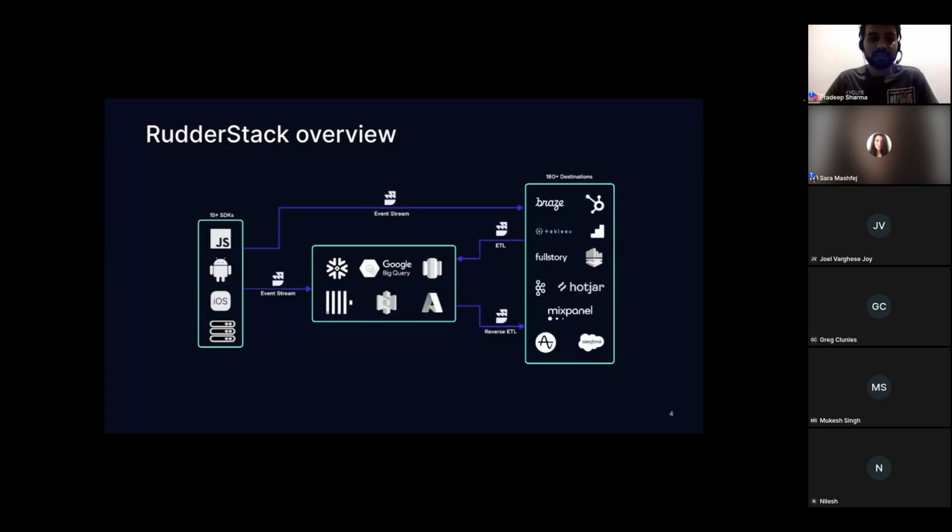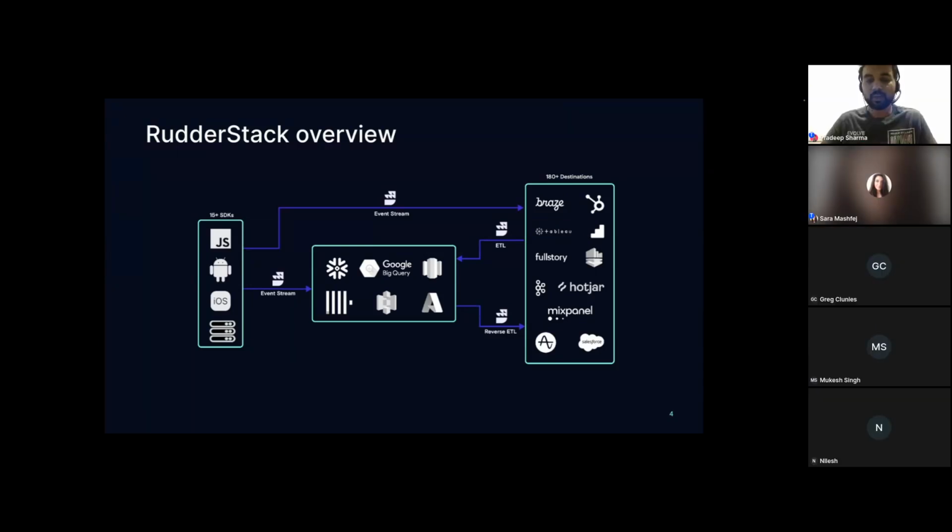So that's the benefit that you get with RudderStack. Although there are multiple benefits of using RudderStack, I would like to point out two important things here. One is event ordering, and the second one is the retry logic, or I would say high availability. What do I mean by that? In an ideal world, all your systems will be up, but practically, some of your systems are down sometimes.